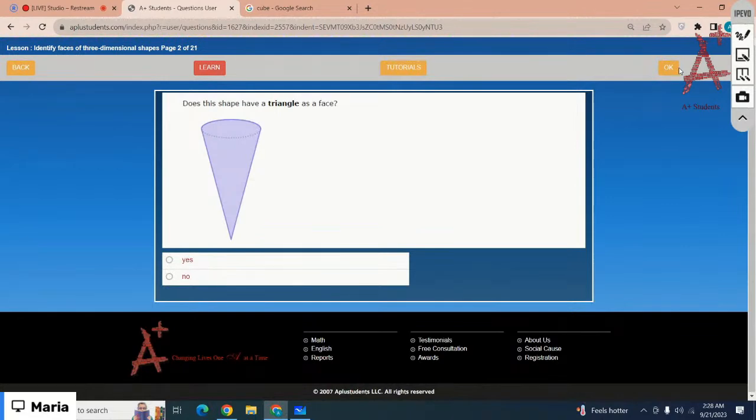Okay, the next one: does this shape have a triangle as a face? Which is the correct option? Yes or no?